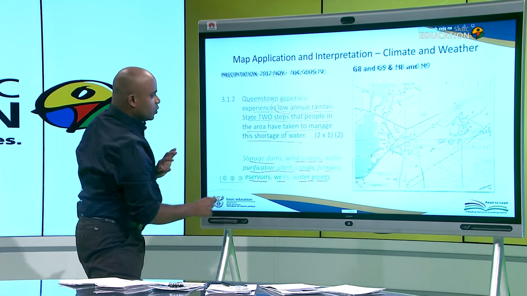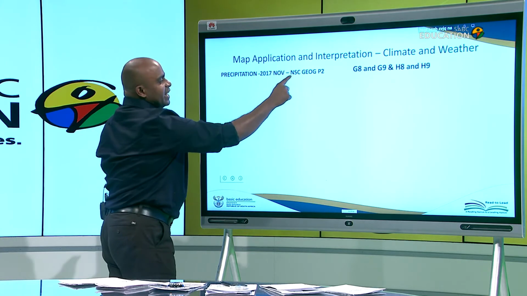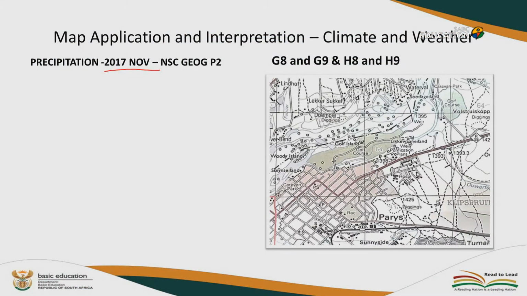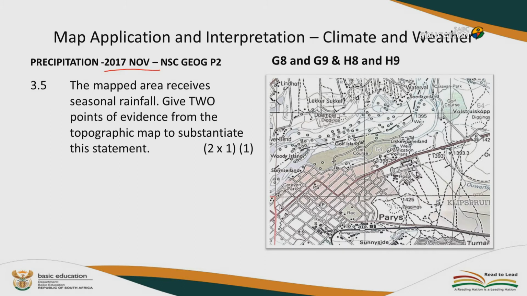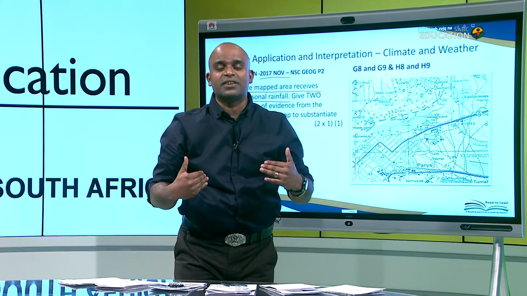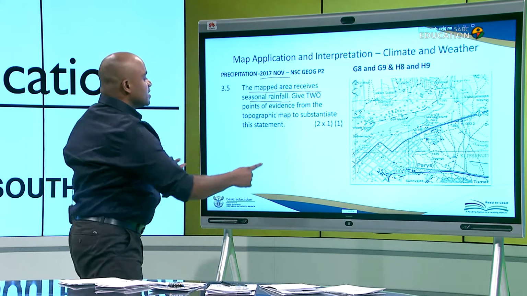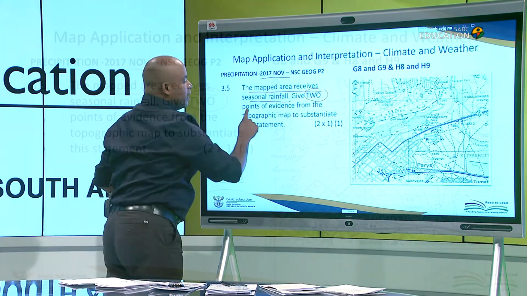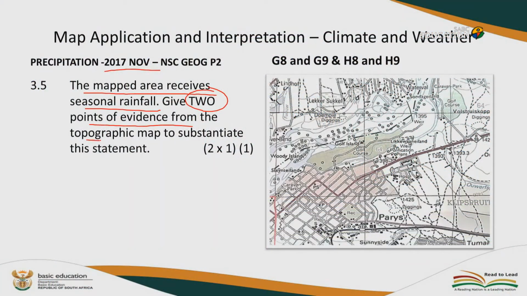If this is the way we're going to look at it, again in 2017, notice the question and how it changes. The mapped area receives seasonal rainfall. Note in this examination, you are being told it is seasonal rainfall. What is your requirement? Give 2 points of evidence from the topographic map to substantiate the statement. How simple is this now?